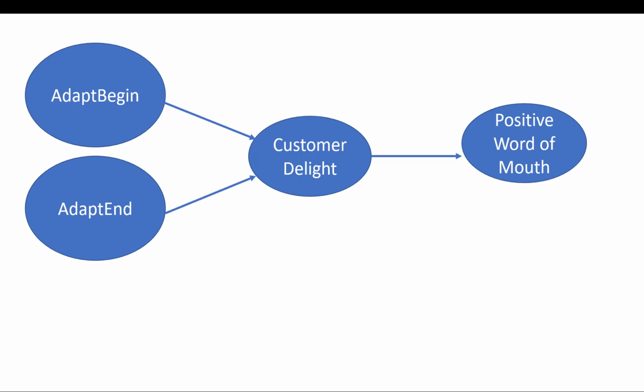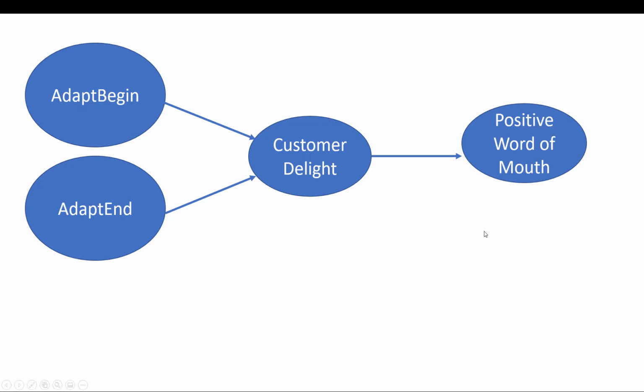One's called adapt begin, where we dummy coded the adapt begins to 1, everything else was 0, and then we have another dummy code called adapt end, where the adapt ends are 1s and everything else was 0s. And at this point, the no adapt is our reference category. It's 0s in all of these new categorized variables that we have.